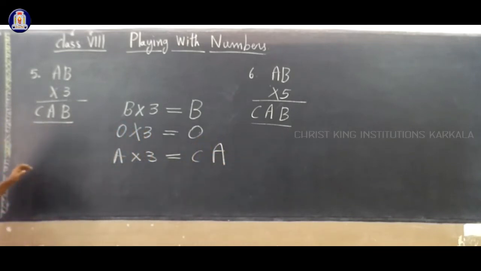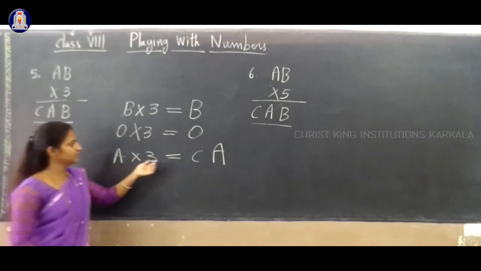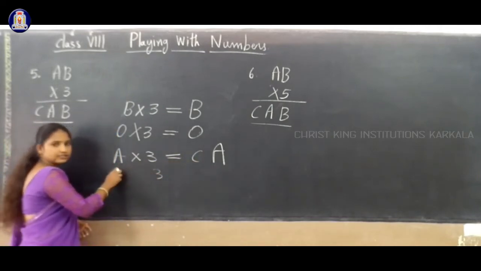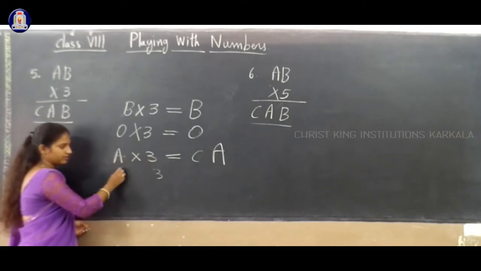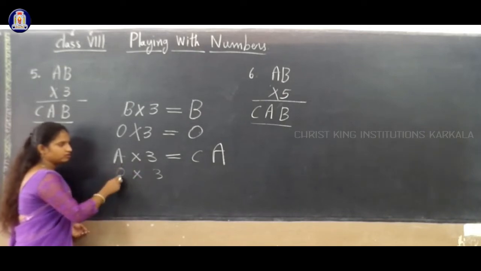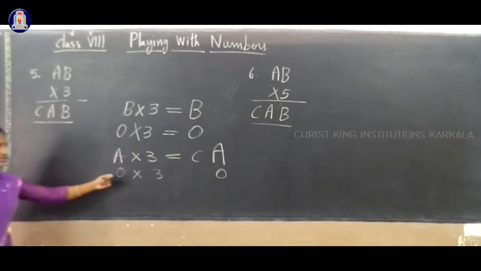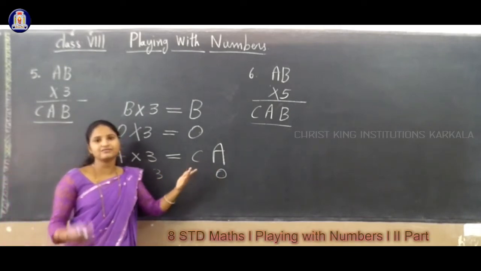2 digit number. Clear? Now first we consider the value of A as 0. 3 into 0 we get 0. Is it possible? A is 0, here also A value is 0. But we have to get a 2 digit number. What is the value of C?